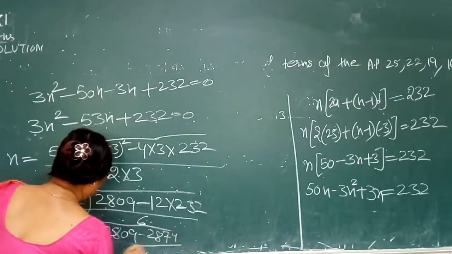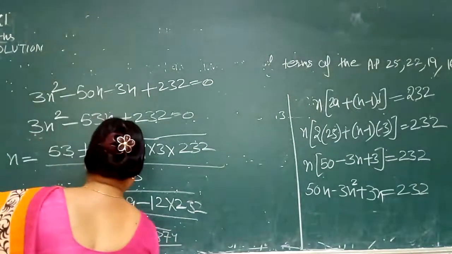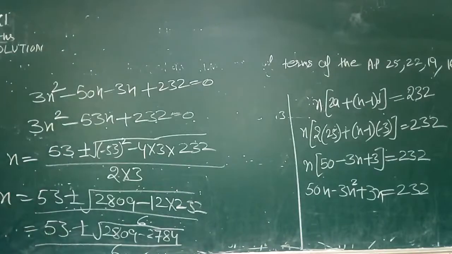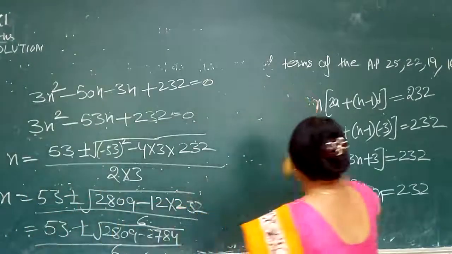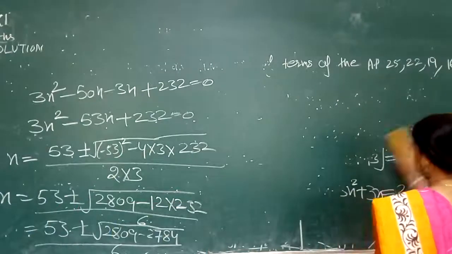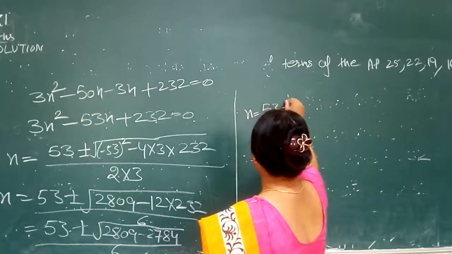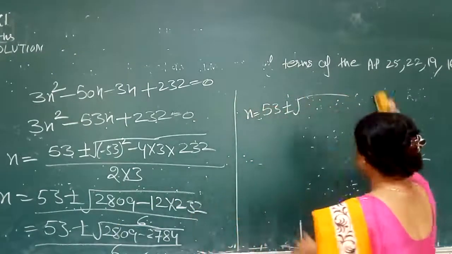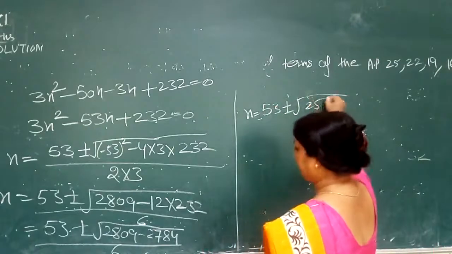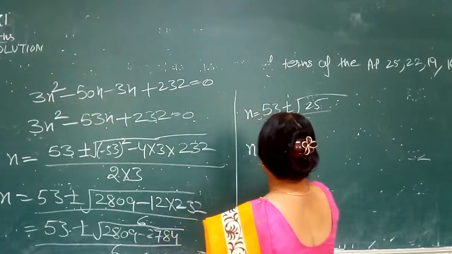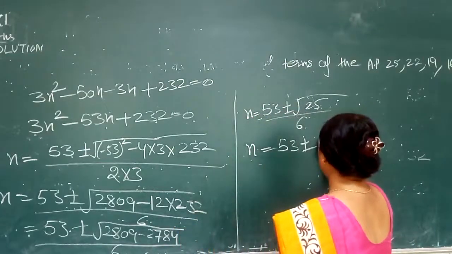So 53 plus minus root of 2809 minus 2784. After multiplying, subtract this term, it will come n is equal to 53 plus minus root of 25 upon 6. Now n is equal to 53 plus minus square root of 25, which is 5, upon 6.